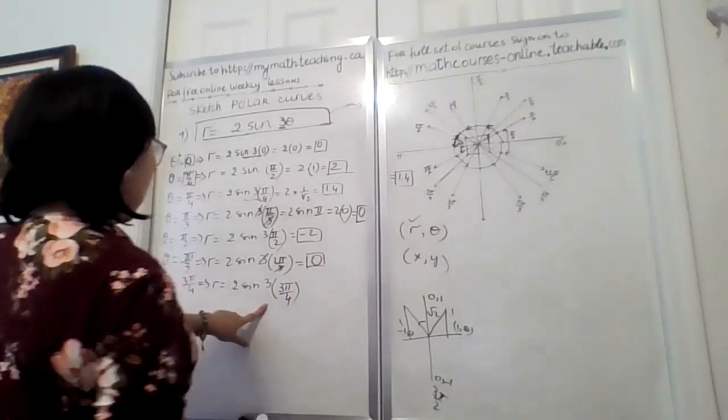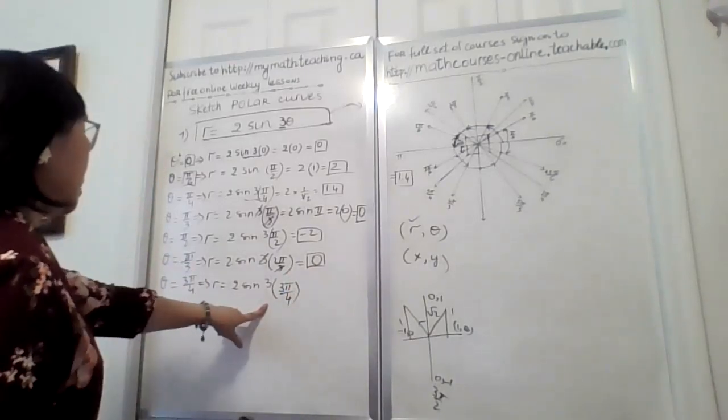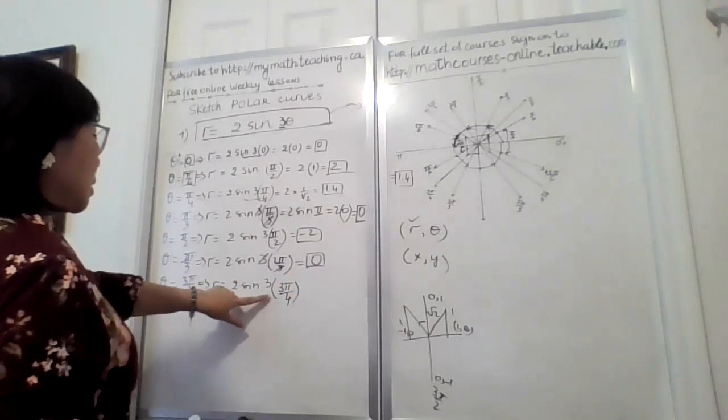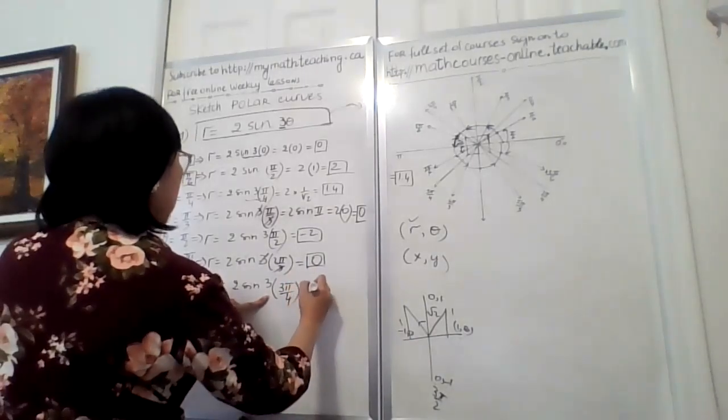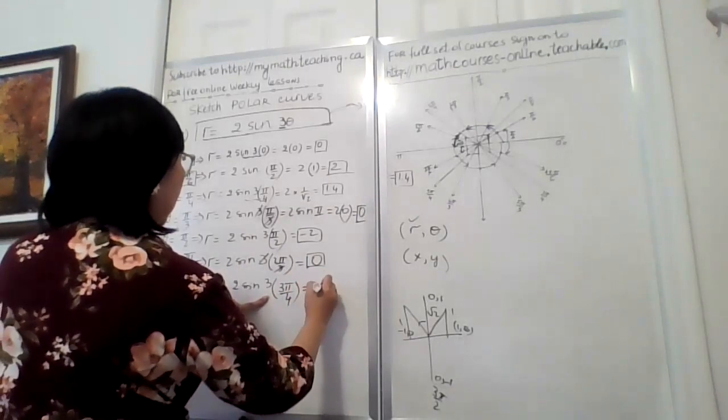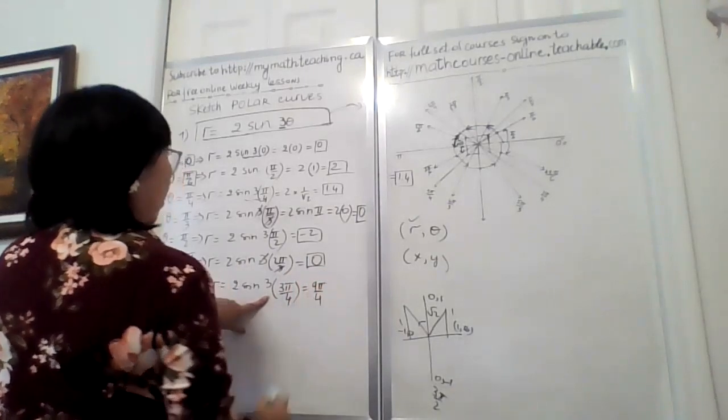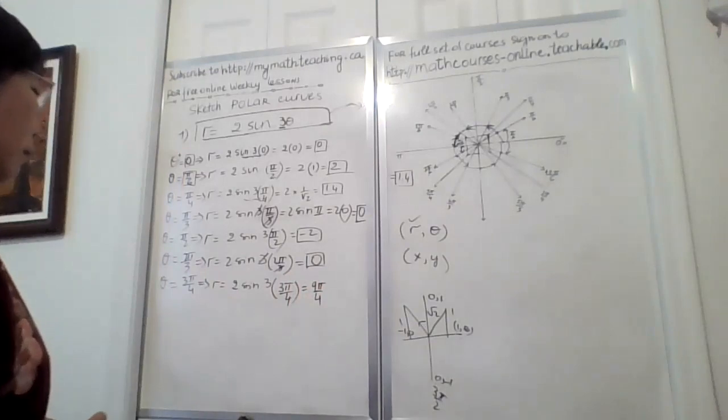So this will give us 2 times sine of 9 pi over 4.